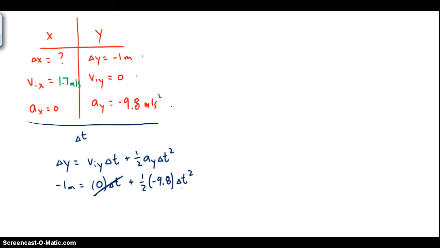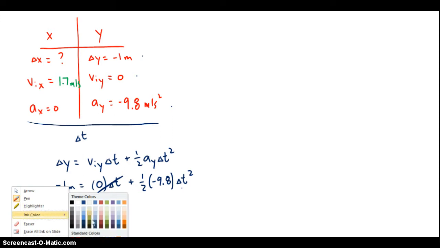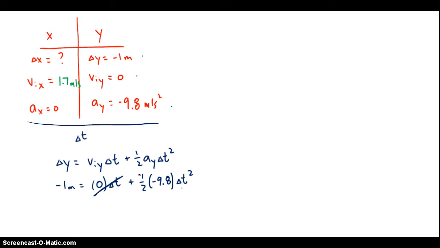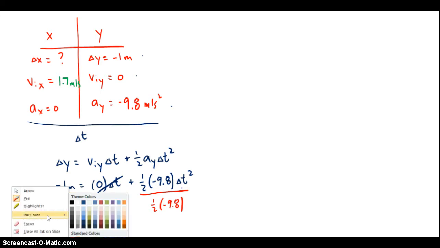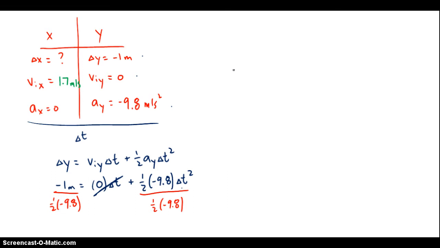And to get rid of this value, divide by it. So now I'm left with -1.